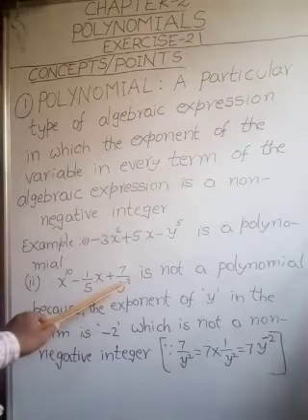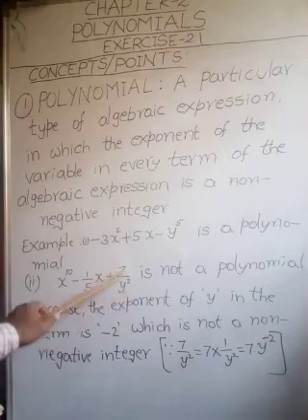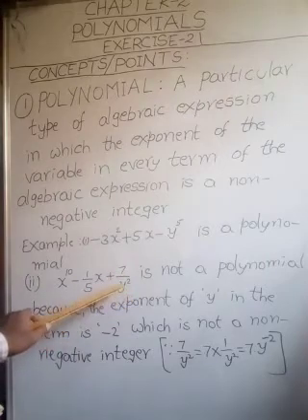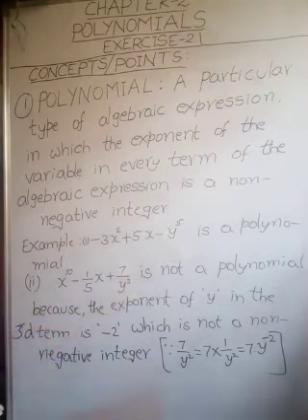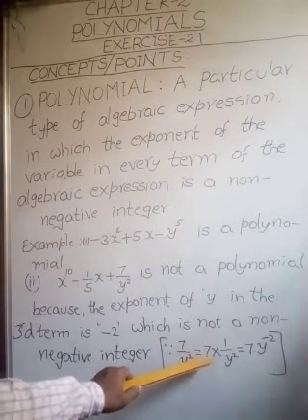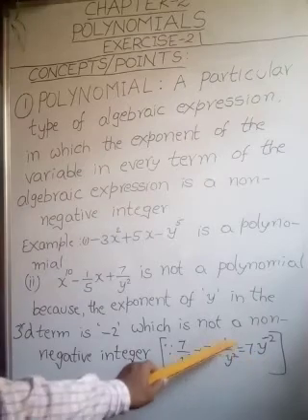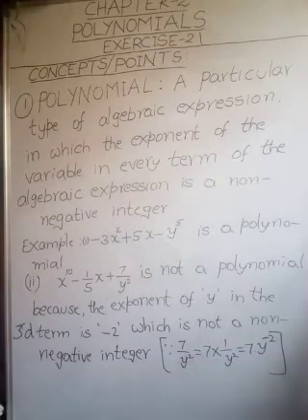Now come to the third term. What is the third term? 7 by y square. Here 7 by y square can be written as 7 into 1 by y square, that is equal to 7 into y power minus 2.